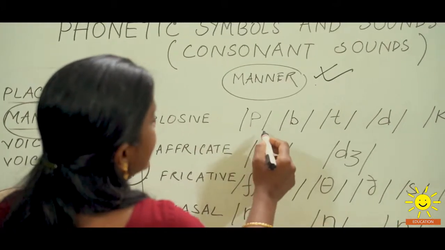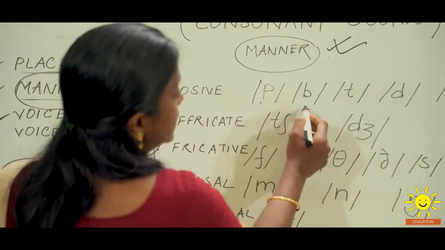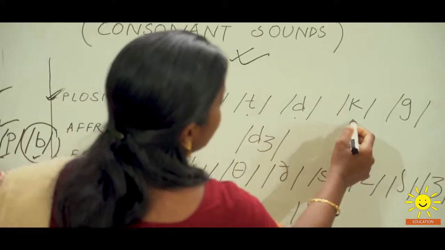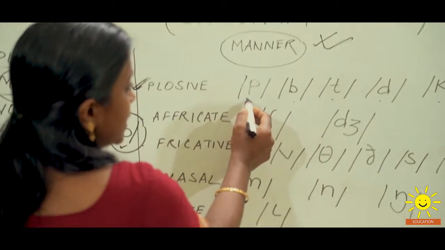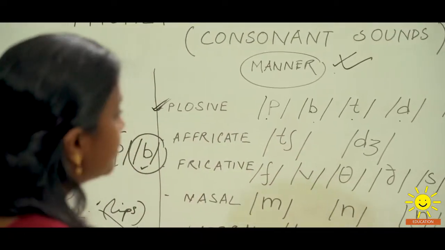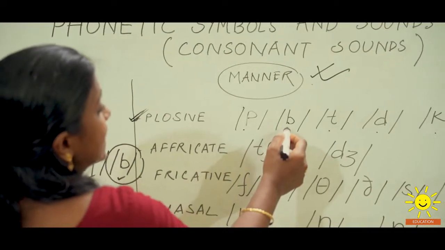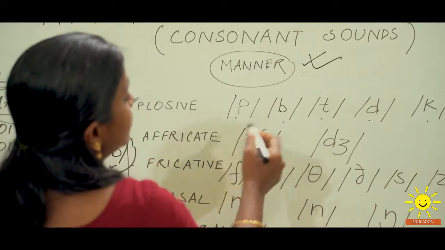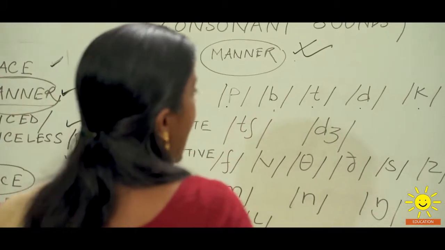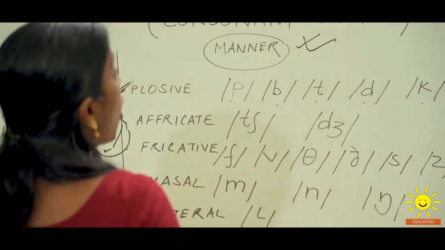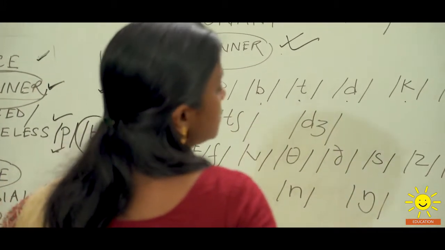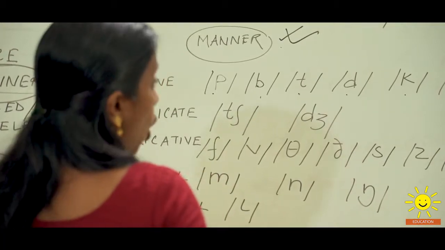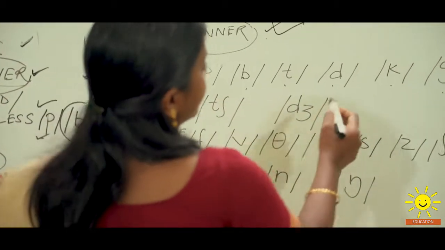For instance, we have 6 plosive sounds: 1, 2, 3, 4, 5, 6. The first one is the p sound, as in pin, pen. The next plosive sound is the b sound, as in bat, ball. The next plosive sound is the t sound, as in tall, tin.